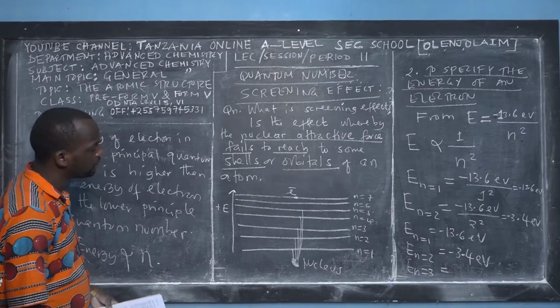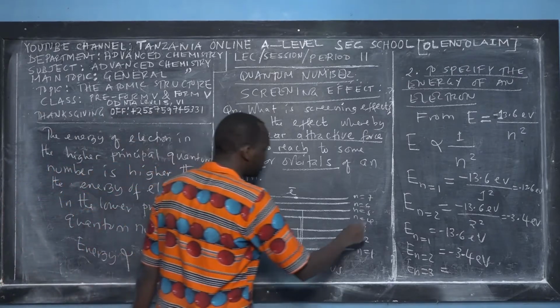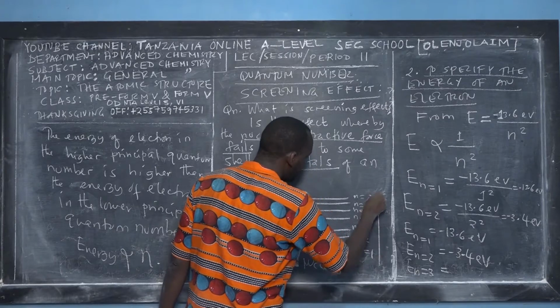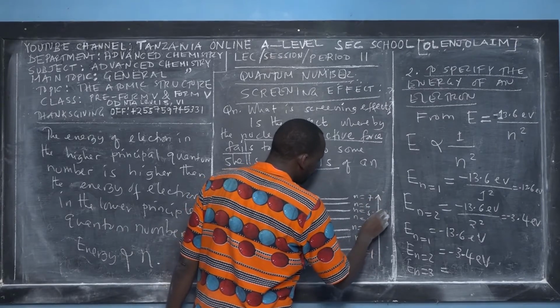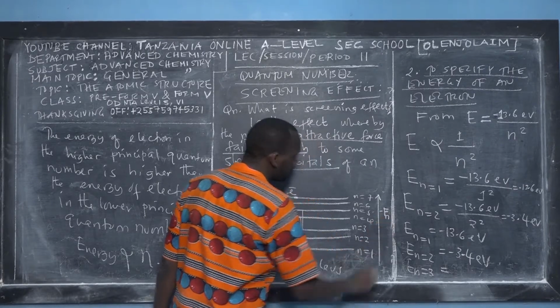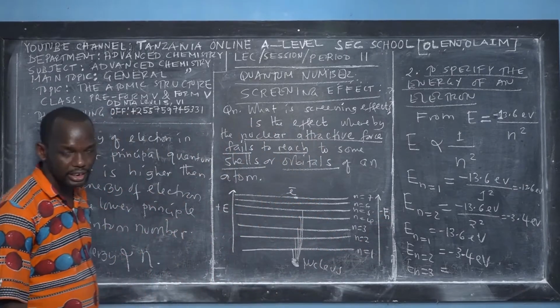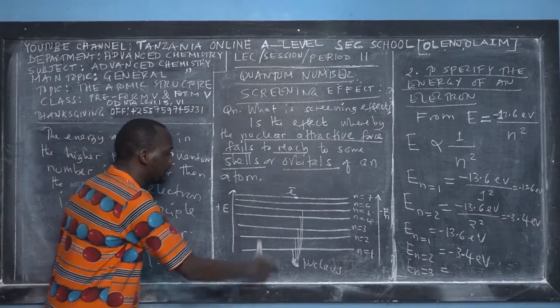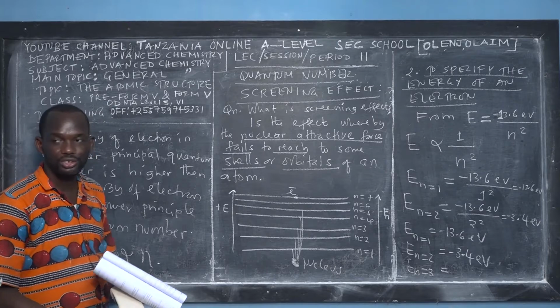But at the same time, when you consider the nuclear attractive force, as we go up it decreases. So we decrease what? The nuclear attractive force. Understand why? Because the distance from that energy level to the nucleus has been increasing.